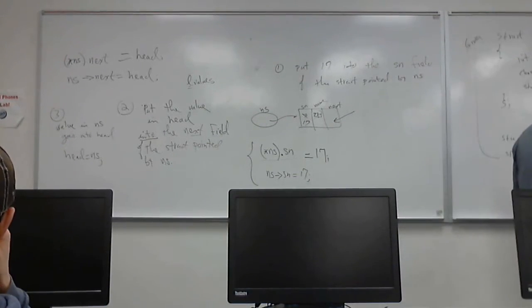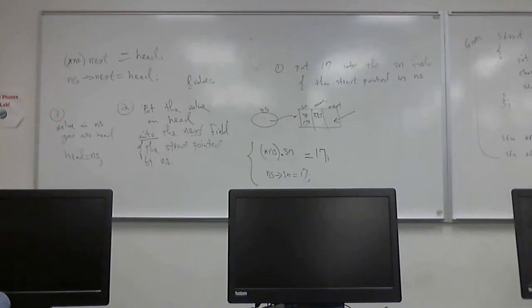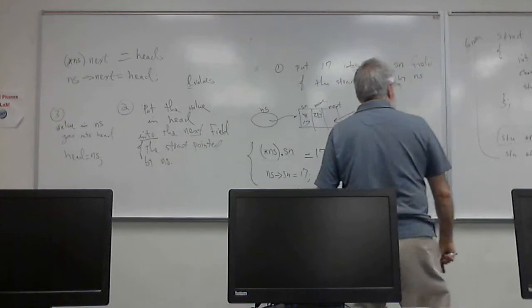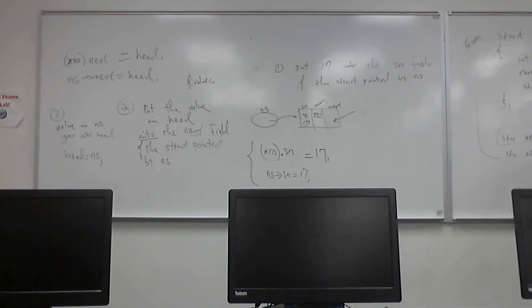We're starting off. Here's head. Head is starting off with a 0 in it. Then we do this step here that makes a new box, and we carry out this step here.